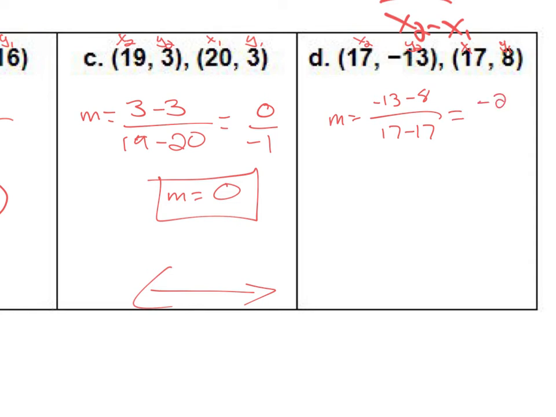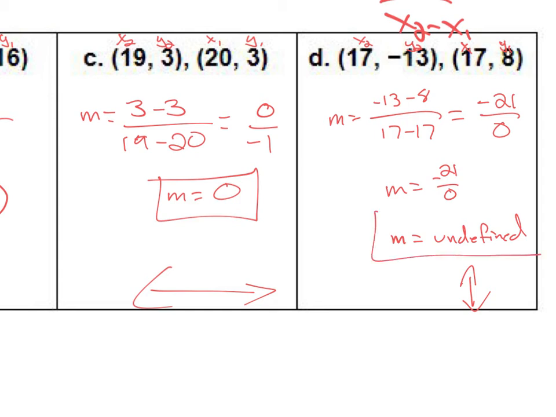So now we have, what, -21 over 0. Well, if we try to divide anything by 0, even try to plug that in your calculator, that's going to tell you some error or undefined. So this is basically going to tell us that the slope is undefined, and this is going to be a vertical line.